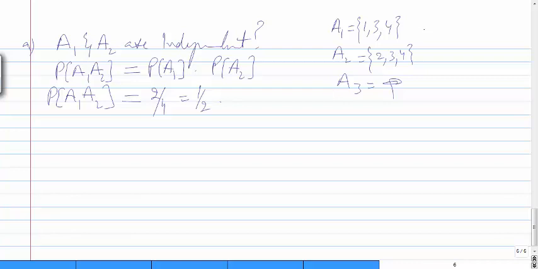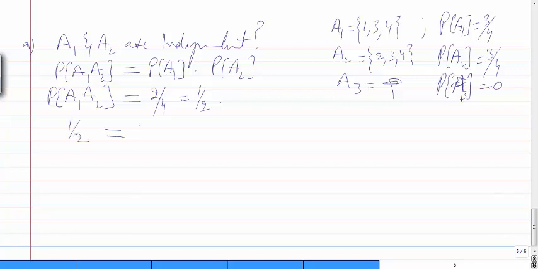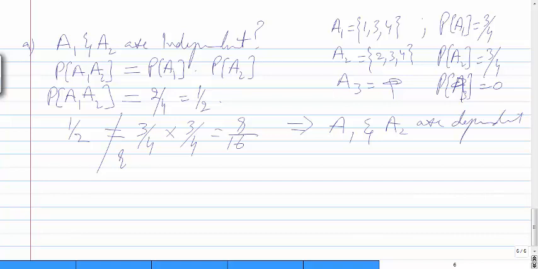We already calculated the probability of A1 as 3 by 4, the probability of A2 as again 3 by 4, and the probability of A3, which is empty, is 0. Now if I plug in the values, 1 by 2 must be equal to 3 by 4 times 3 by 4, which becomes 9 by 16. So this is not equal, which implies that A1 and A2 are dependent events.